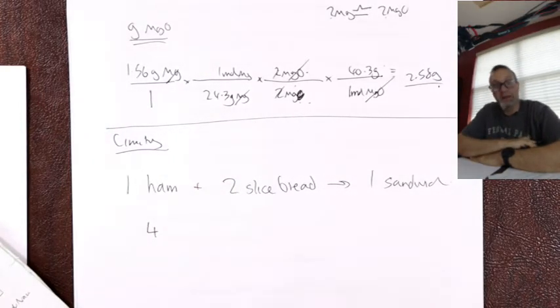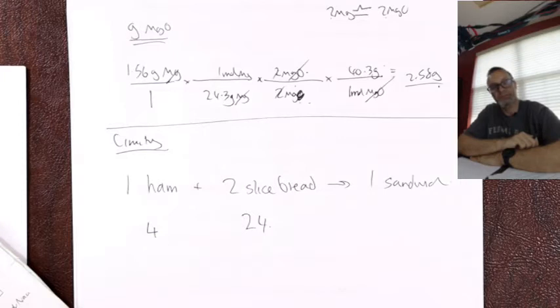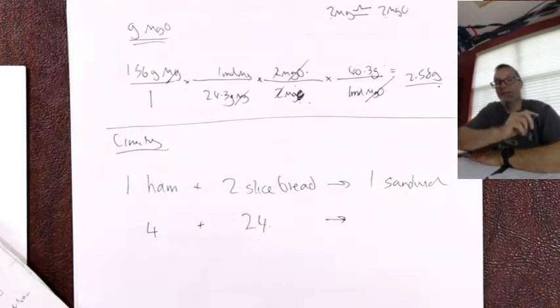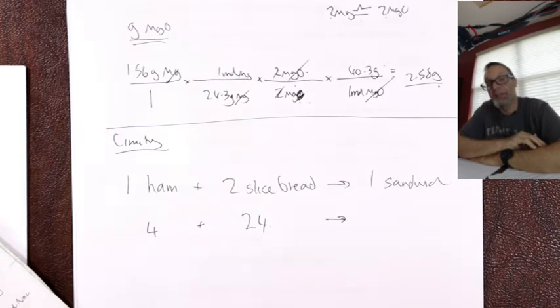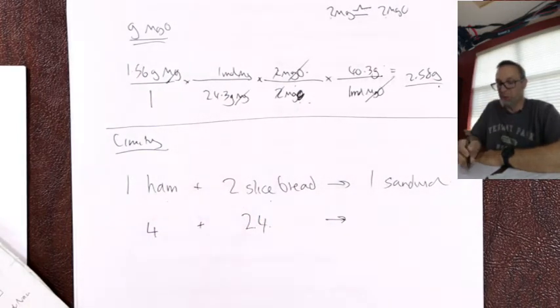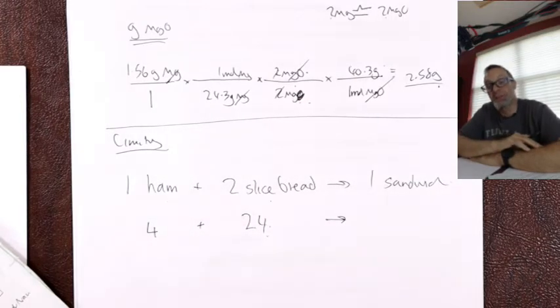Then I go to the cupboard and, wow, we've got a whole loaf of bread in there, 24 slices of bread. Common sense: how many sandwiches can you make with 2 slices of bread and 1 piece of ham per sandwich when you've got 24 slices of bread and 4 slices of ham? What's your answer?